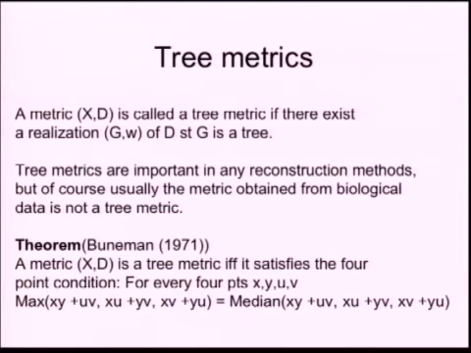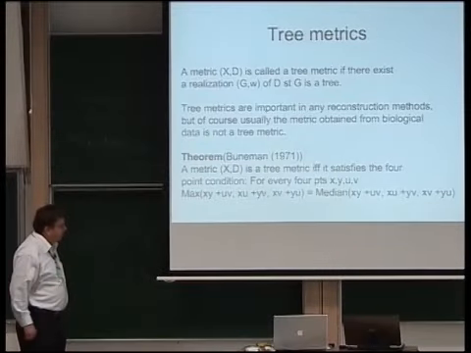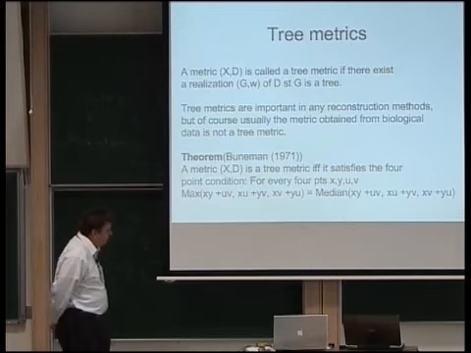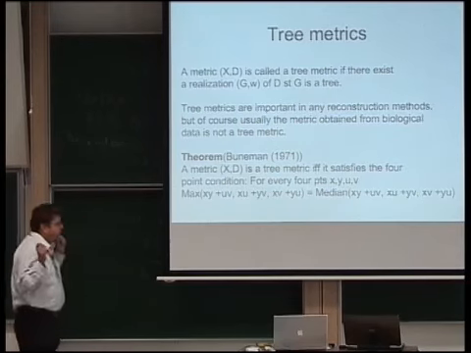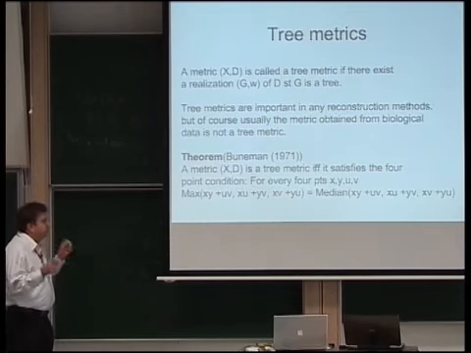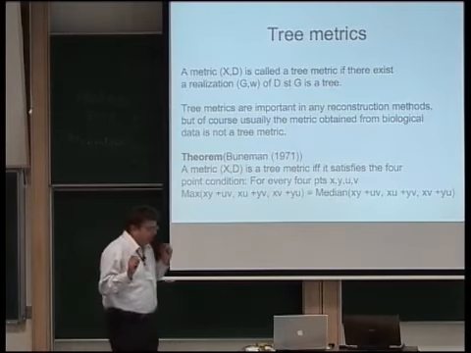What Buneman showed is that a metric is a tree metric if and only if, for the three sums of distances, xy plus uv, xu plus yv, and xv plus yu, the two largest are equal.